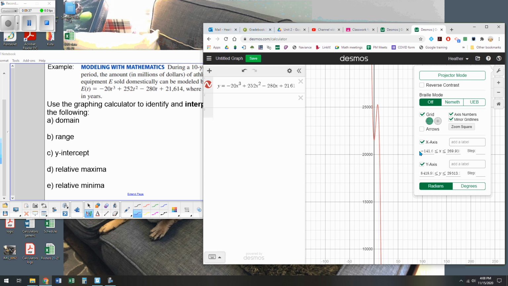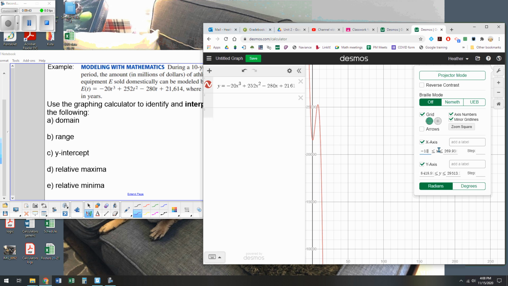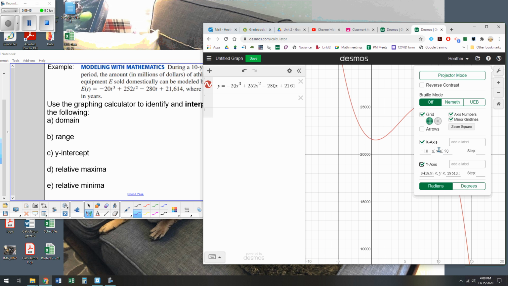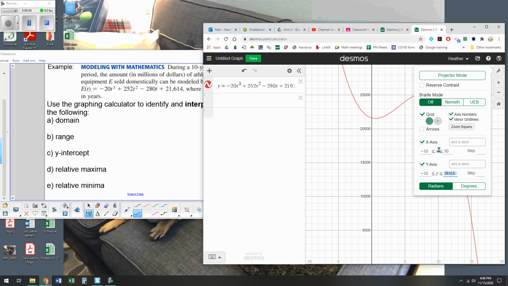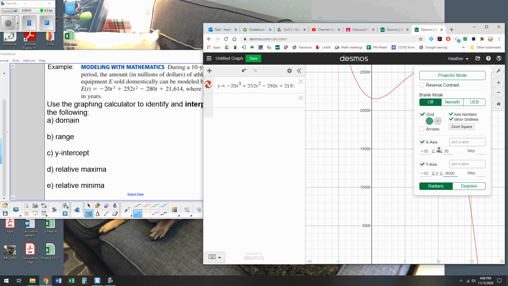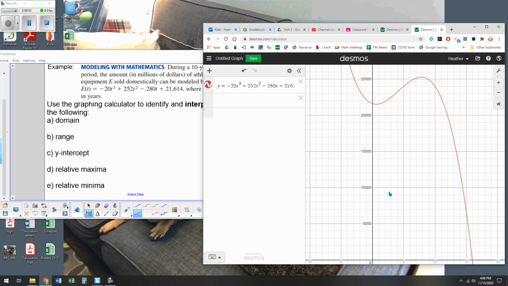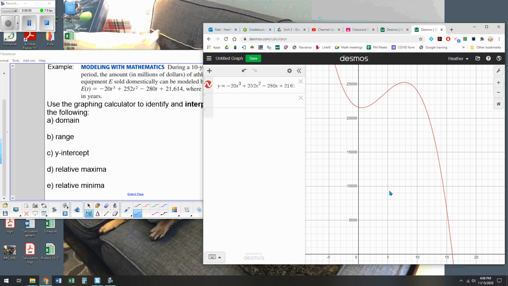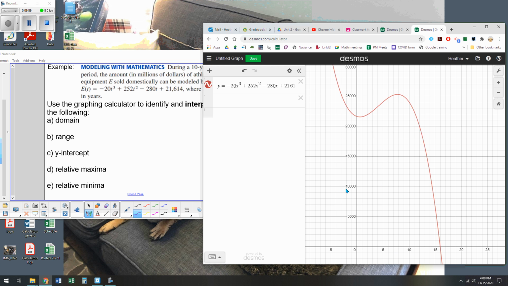So I'm going to make my x's go from -10 to 20, and my y's from -10 to about 26,000. All right, and once I have that, I can zoom a little bit so I could see more of what I wanted to see. But again, you see the picture of what I'm looking at.